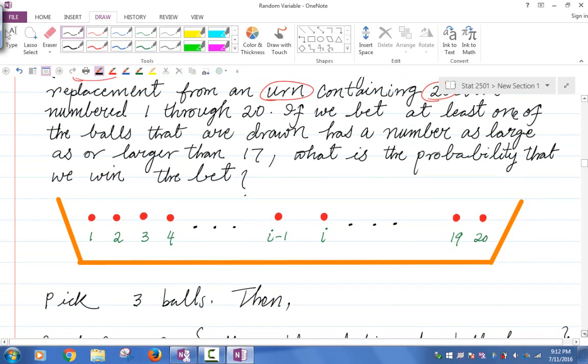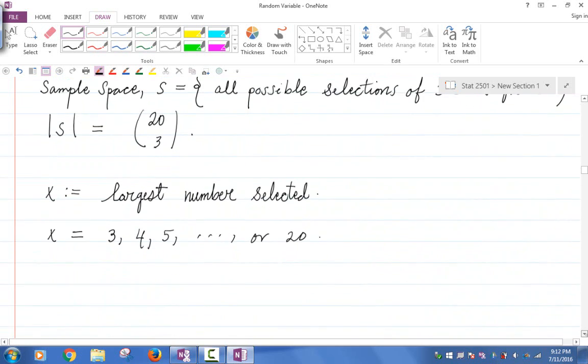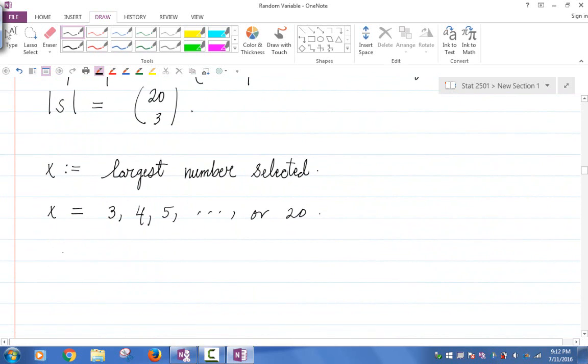So what we are asked then is basically the following. We want to find the probability that X, the largest number picked, is at least 17.